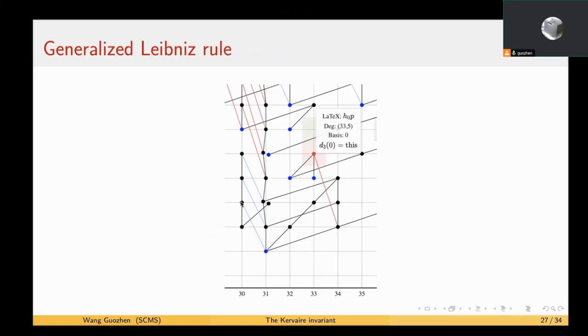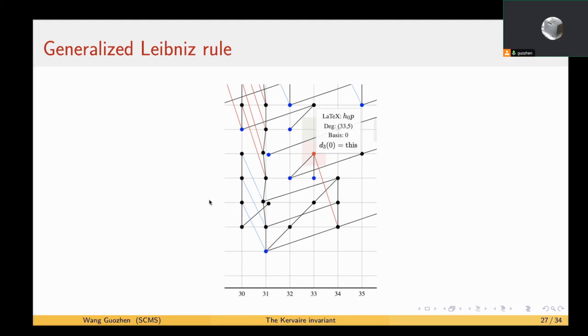So on this black dot, there is a lambda torsion. On this red dot, there is also a lambda torsion. And we can show that on the E infinity page, there is a non-trivial new extension between these lambda torsion points. And then we will apply our generalized Leibniz rule.